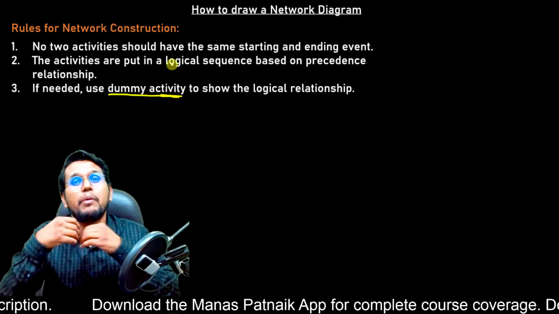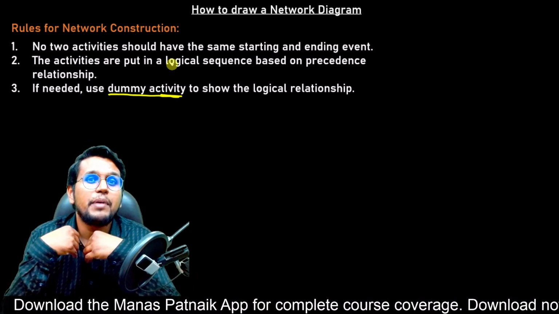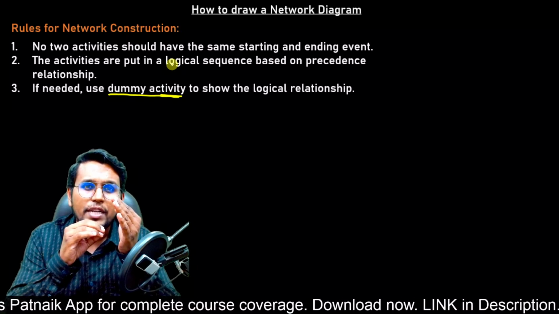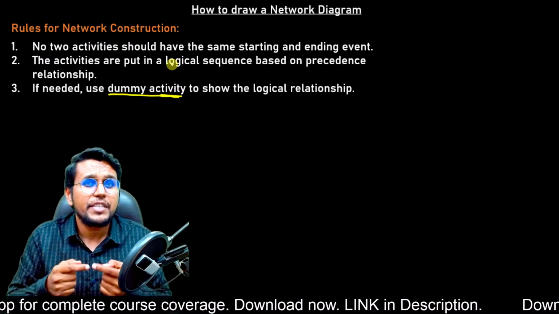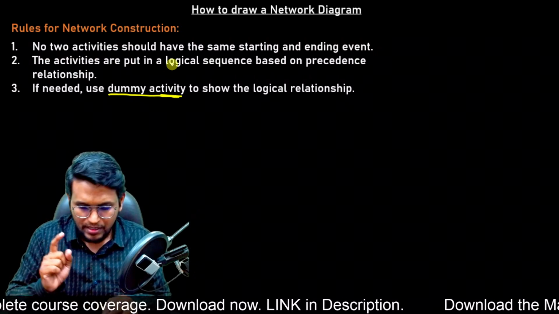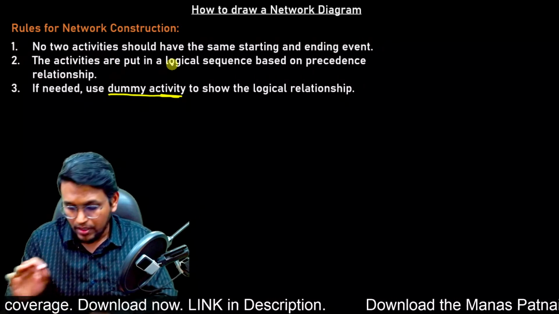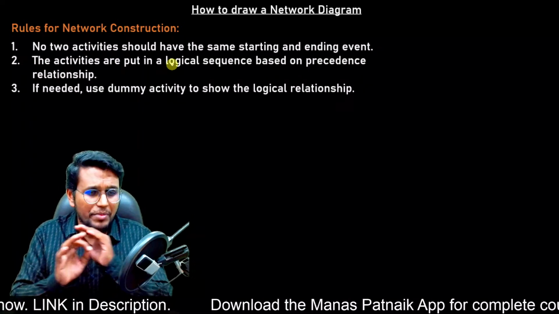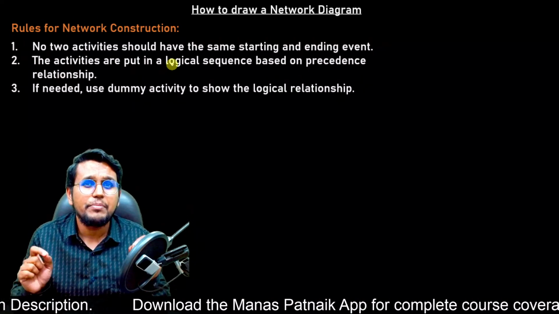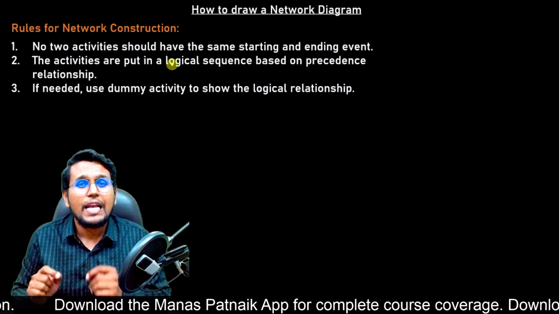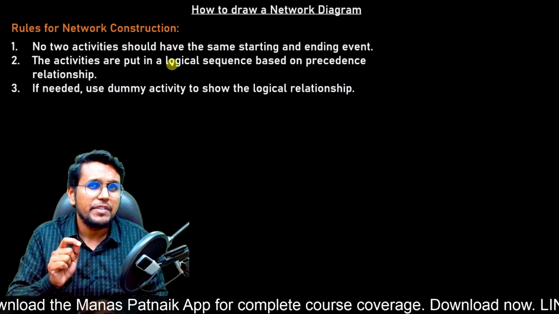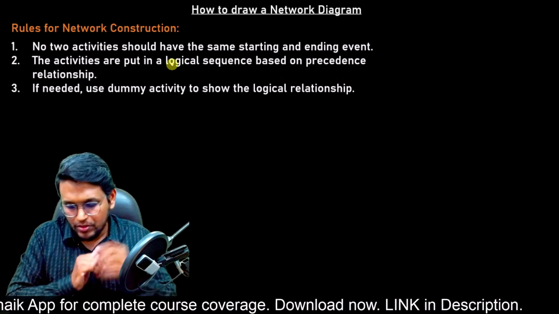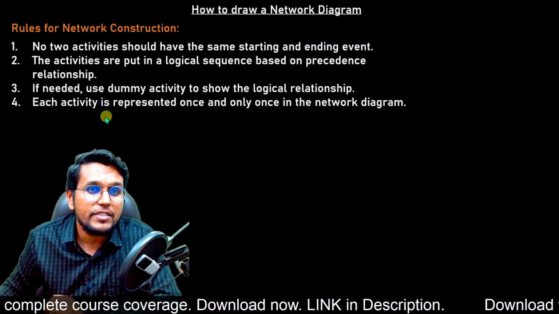It is created by us just to show the precedence. How a dummy activity works, we will see in a moment when we draw the network. Just keep in mind that a dummy activity does not consume any power, does not consume any money, because it is created by us. And we use a dummy activity whenever there is a problem in precedence. So let's move ahead and see the next rule.